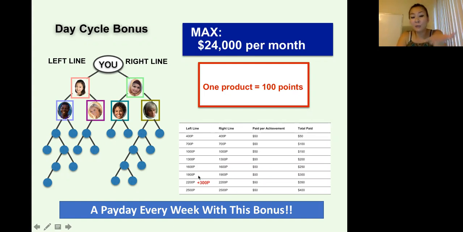So every 300 after the first 400, you receive the $50. Okay? So when you have 50 people in your organization, 25 and 25, your income for the month is $400.